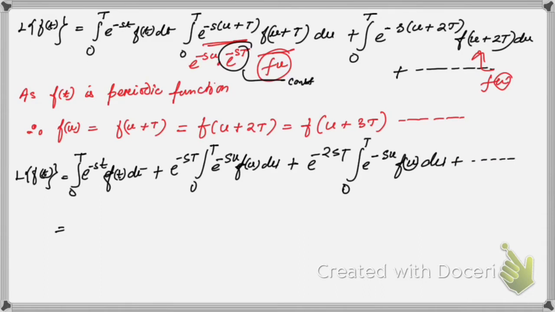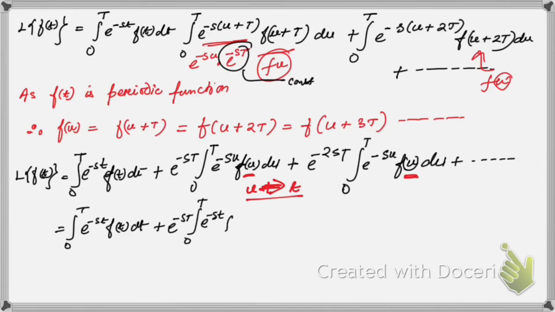Now here you can see f of u, and u is a dummy variable, so we can replace u by small t, and doing so we have got this result. So let me write the result, replacing u by small t.